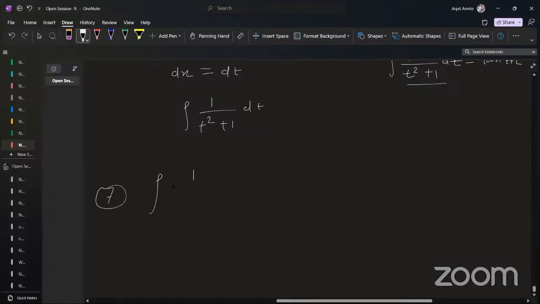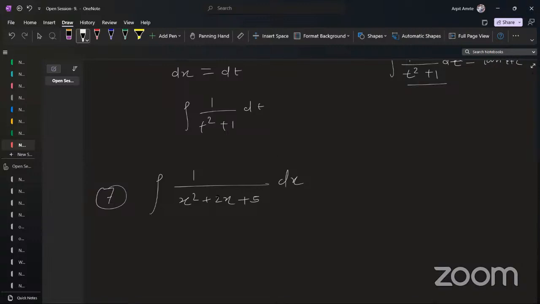Another question. Integrate 1 upon x square plus 2x plus 5. Just solve this. Not 2x, just take it as... okay, fine, 2x is fine.